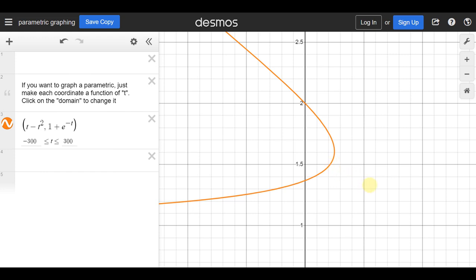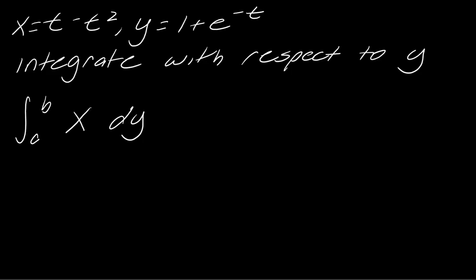Okay, so let's set up the general idea of the integral now. Our general game plan is that we're going to follow whatever the x curve is tracing out, and we are using the coordinates on the y-axis, so we're integrating everything with respect to y.